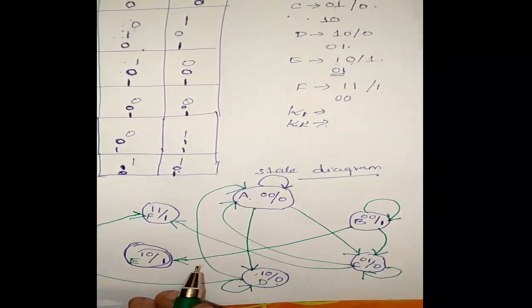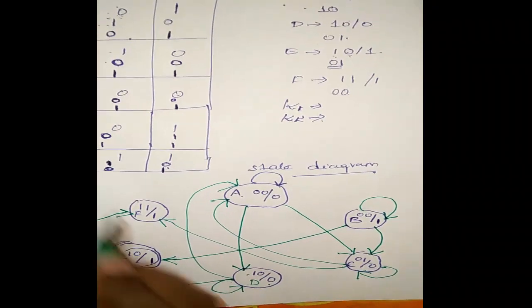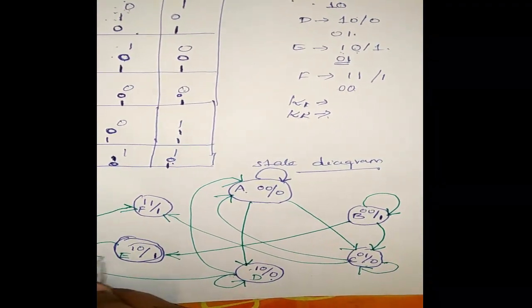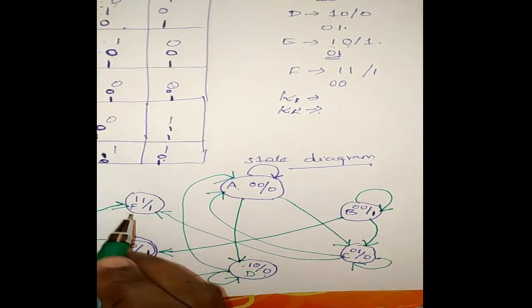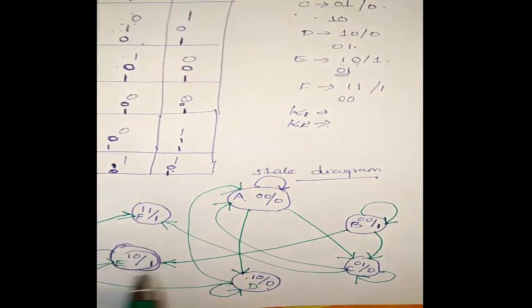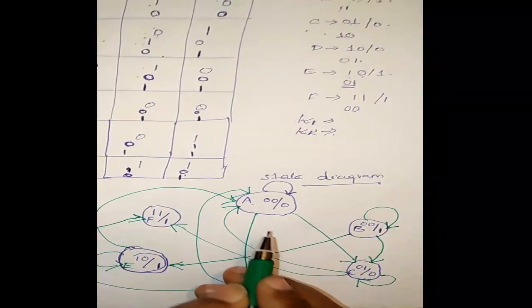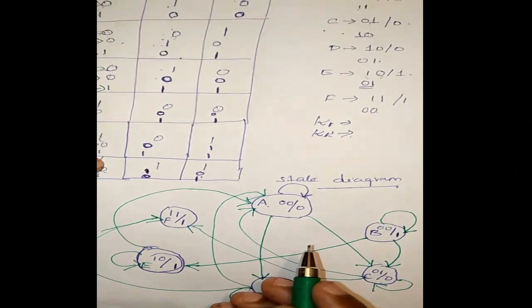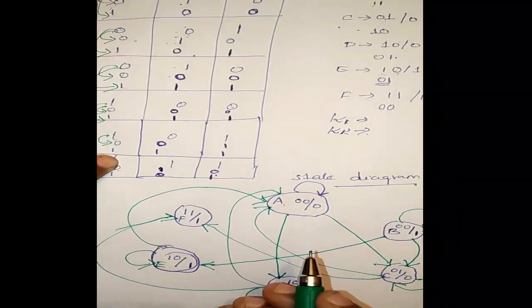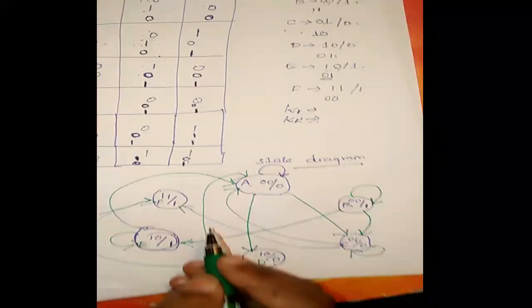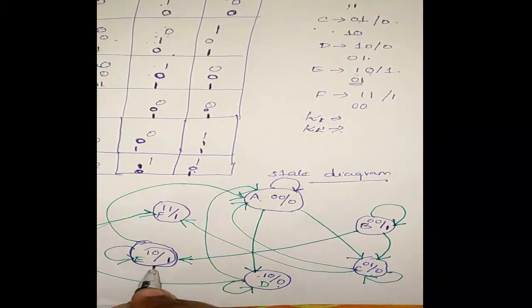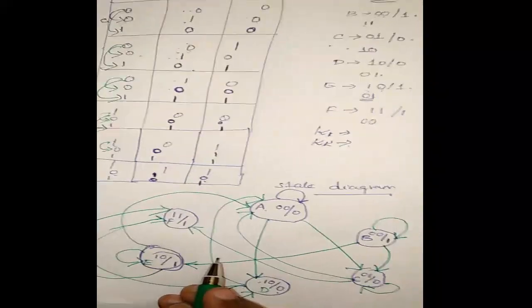So E coming to E. E 1, 0 goes to the same state, of course. Then E is going to A. I can represent it like this. Next, E is going to 1, 1, that is F. And the last condition is F. F is going to the same state.